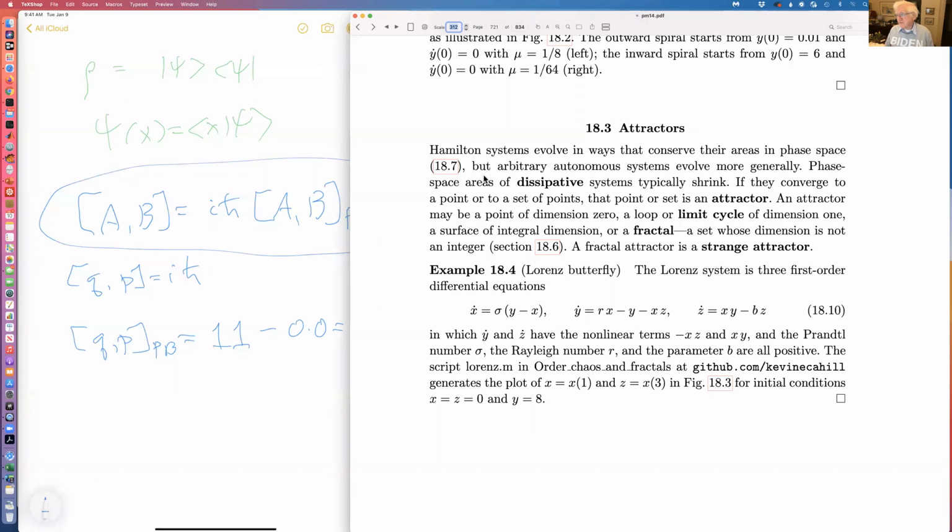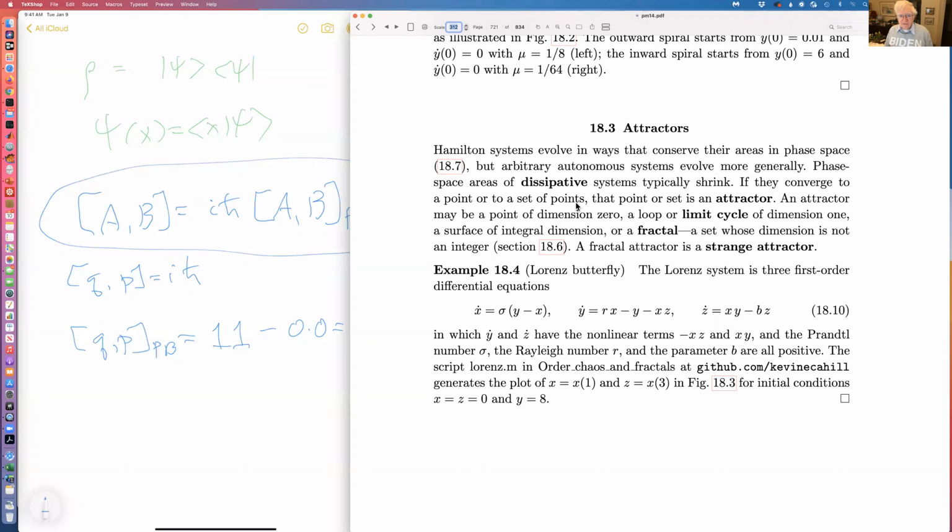So different Hamilton systems can evolve in different ways, and if the system is dissipative, in other words, there's friction of some kind, then the phase space typically shrinks, and if it shrinks to a point or a set of points, those are called attractors.